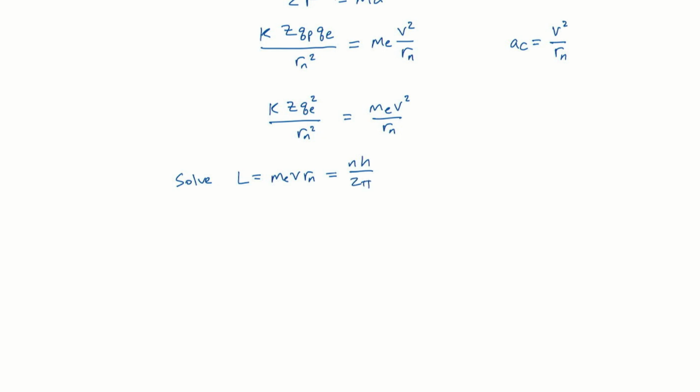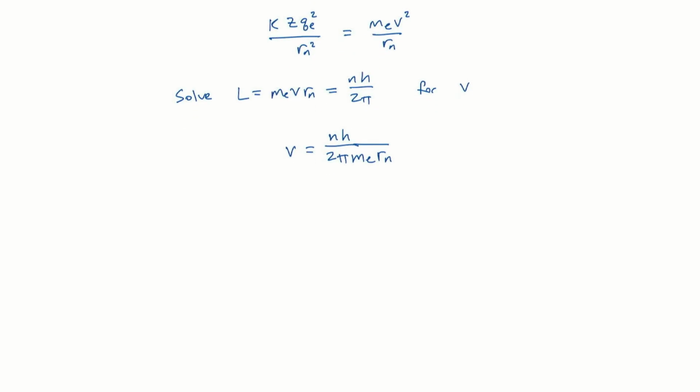Let's solve that for V. We just have to divide both sides by M sub E and R sub n. And so we get V is N times H over 2 pi, then M sub E times R sub n.